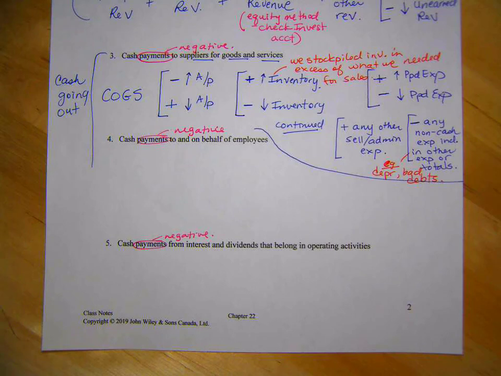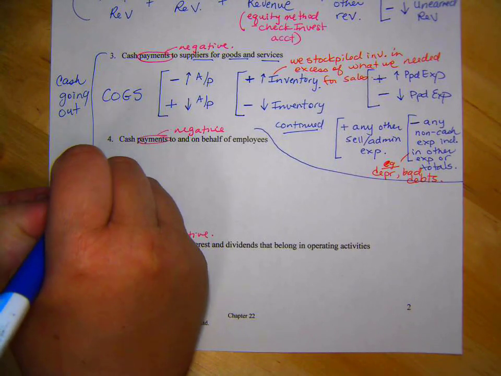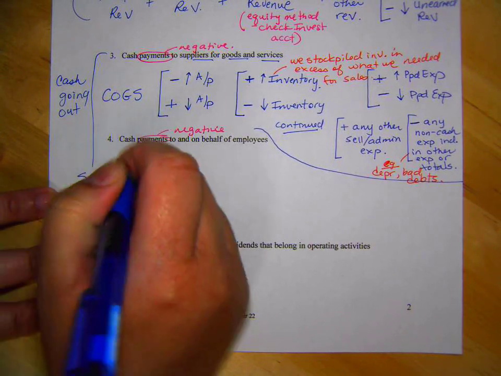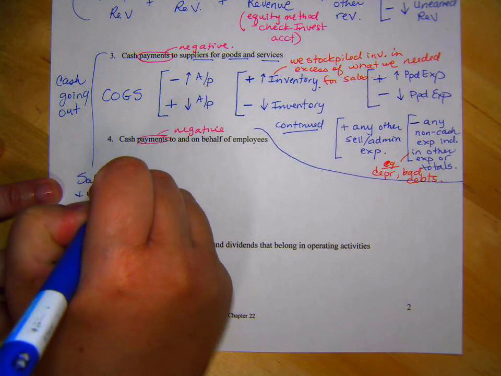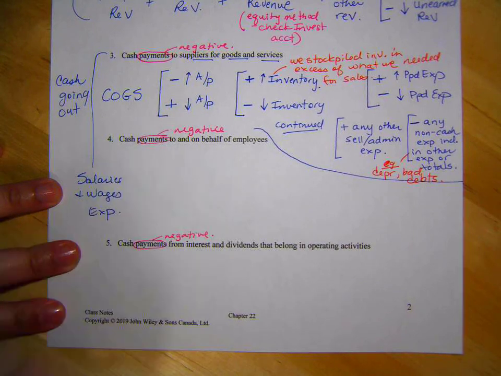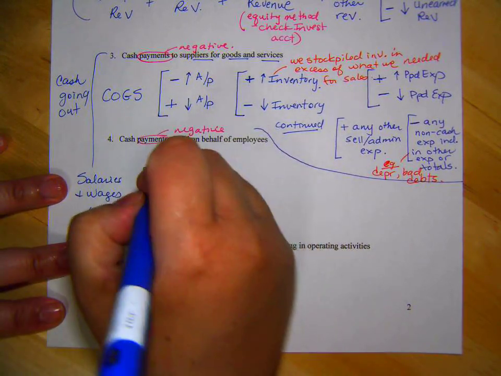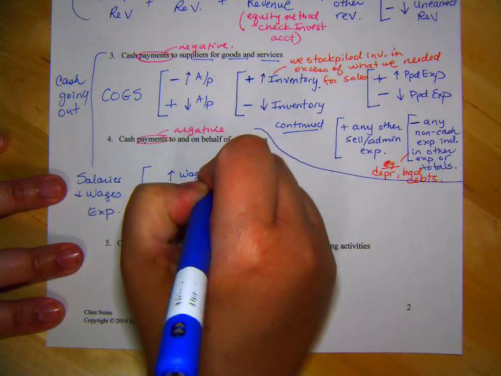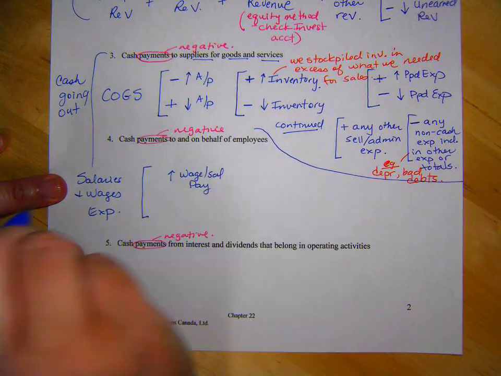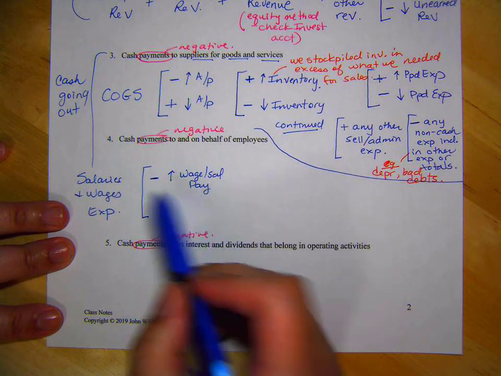Now, number 4 is cash payments to and on behalf of employees. So we're going to start with salaries expense or wages expense. And then if there's an increase in wages or salaries payable, we're going to subtract it, because that means we didn't pay it all in cash.